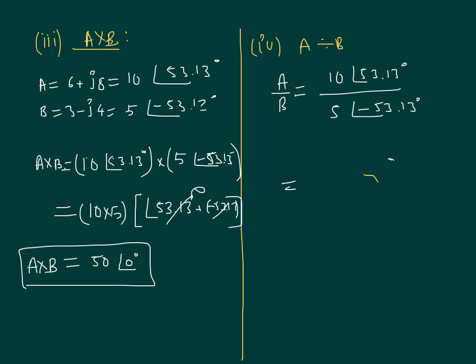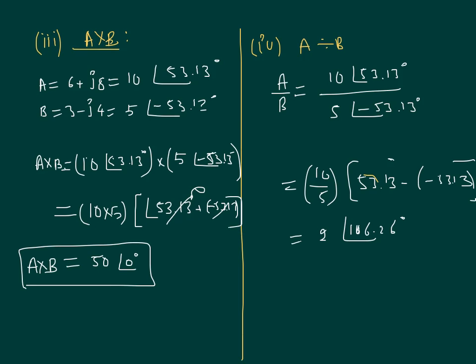Here for division, the magnitudes are divided, but the angles will be subtracted. 53.13 minus of minus 53.13, and minus into minus is plus, so that equals 2 at an angle 106.26 degrees. This is a divided by b.